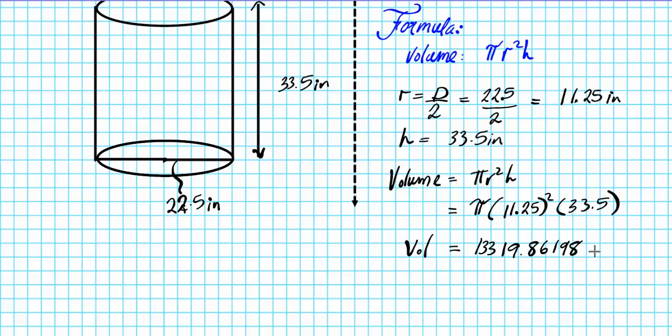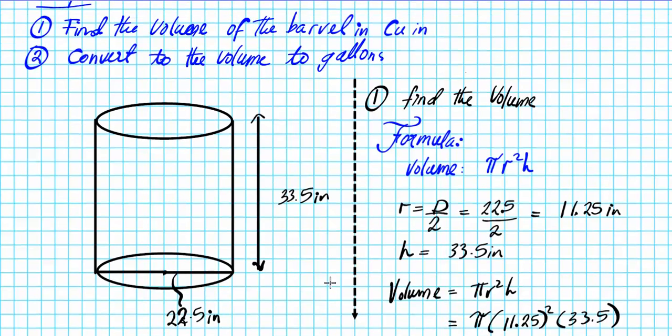The unit is cubic inches, okay? So we did inches times inches times inches. We raised inches to the third power, so that's why I have cubic inches, or inches to the third power. They mean the same thing. Okay, so we're done with step one, which is to find the volume of the barrel in cubic inches.